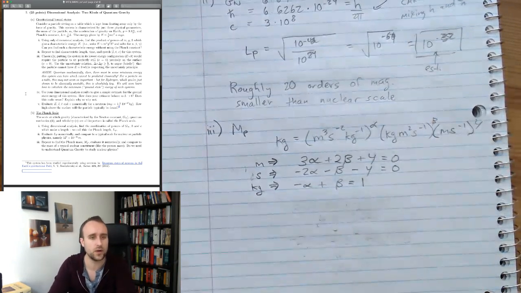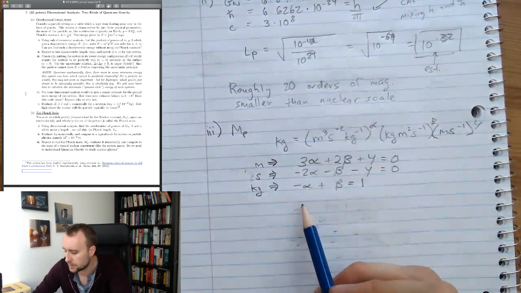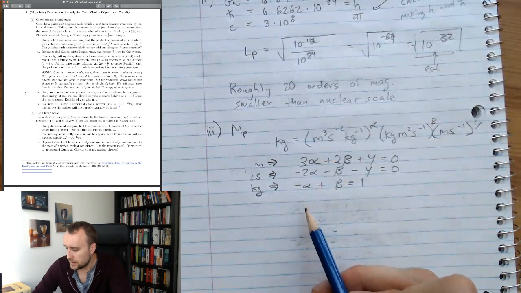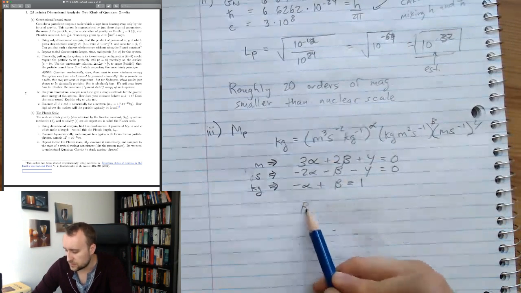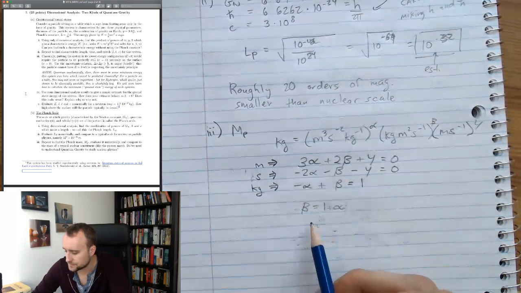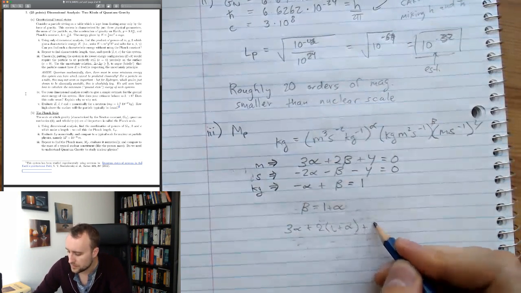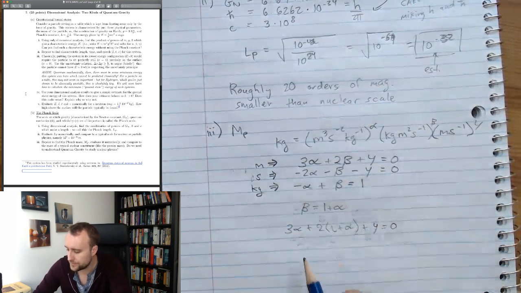So again, we're looking at this question here, number 3, trying to find the Planck mass. So once again, going slowly, beta is equal to 1 plus alpha. So then we just do 3 alpha plus 2, 1 plus alpha plus this equals 0.